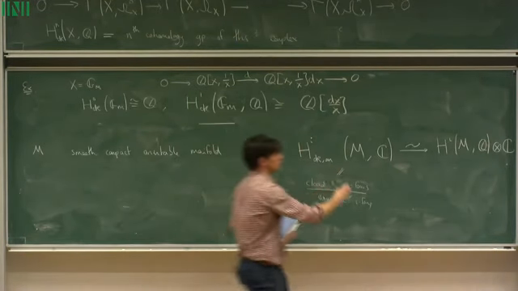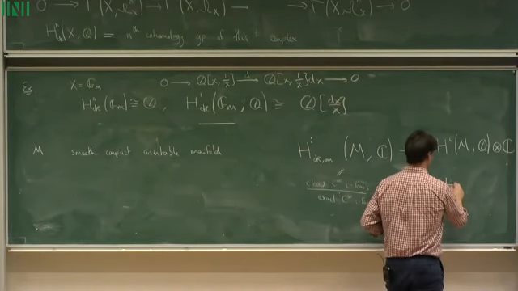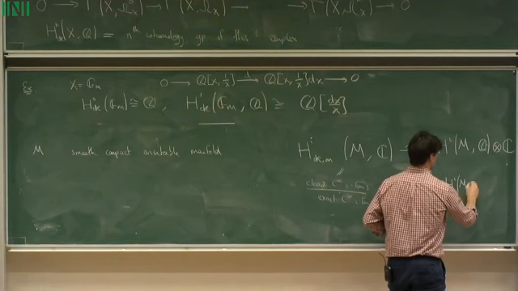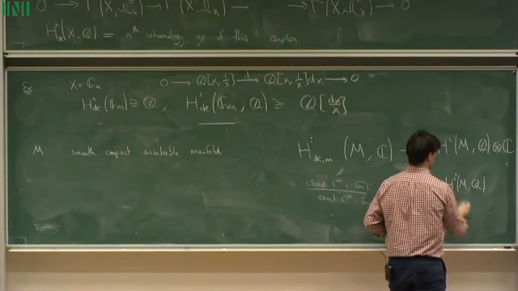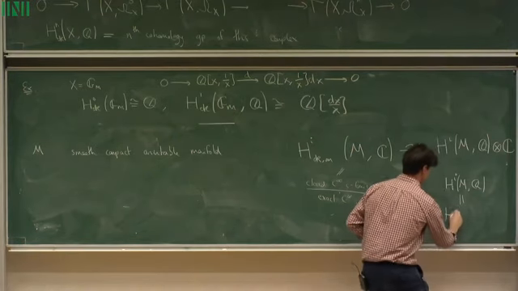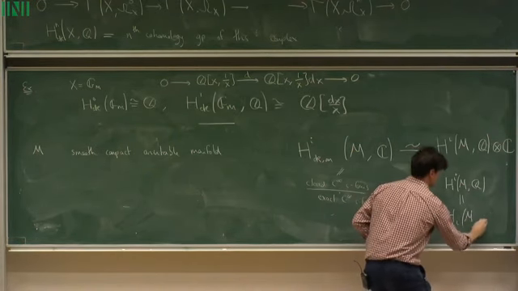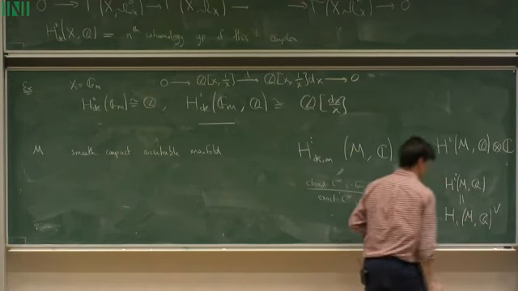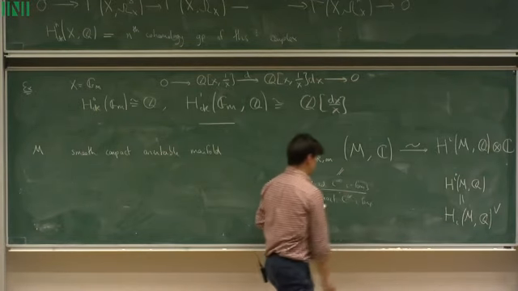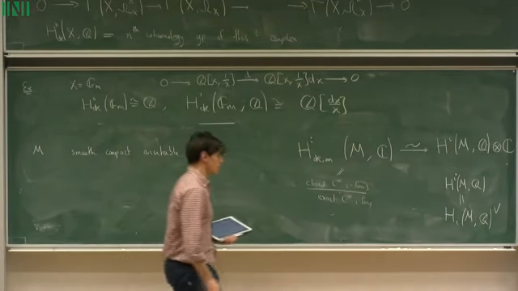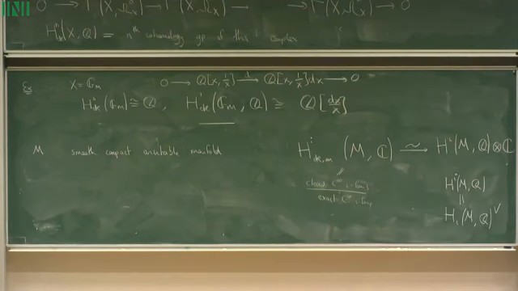And here the Betti cohomology is the dual, since coefficients are in Q, of the homology, and the homology is given by closed i-chains modulo boundaries.